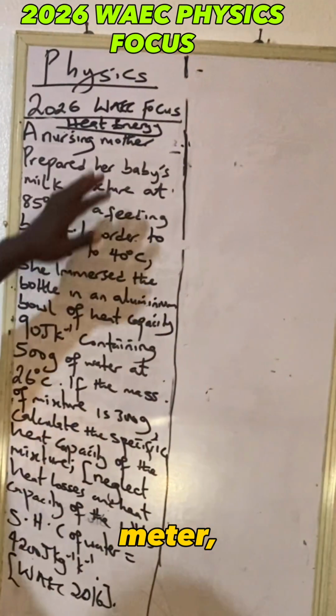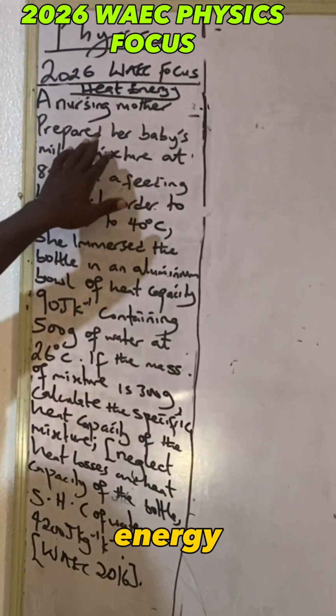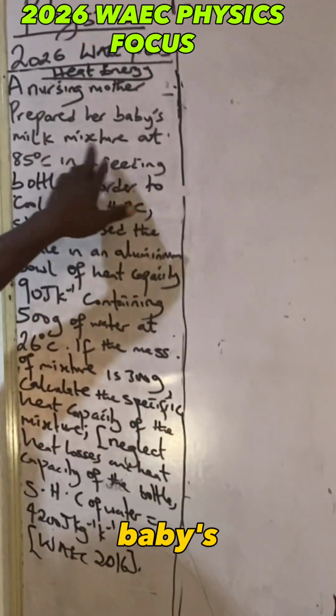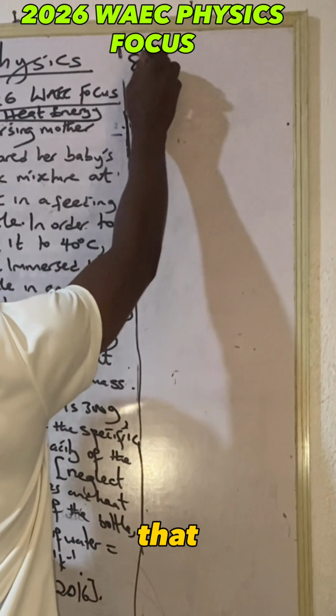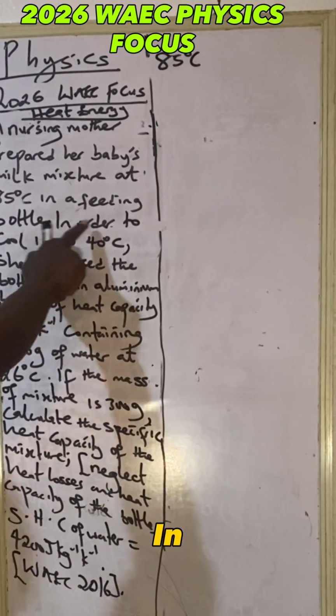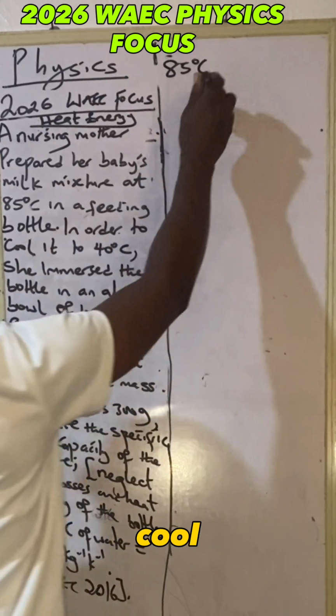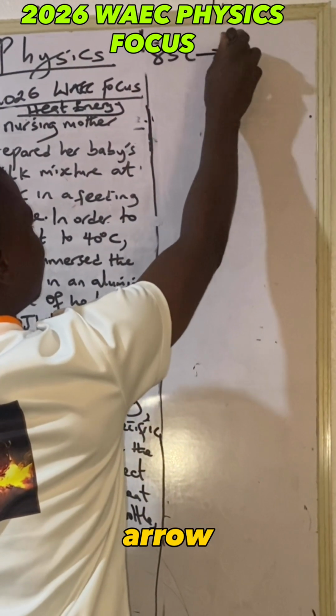Thanks. So this one is on heat energy. A nursing mother prepared her baby's milk mixture at 85 degrees Celsius. You are going to write that 85 degrees Celsius in a feeding bottle. In order to cool it to 40 degrees Celsius, the arrow moved to 40 degrees Celsius.